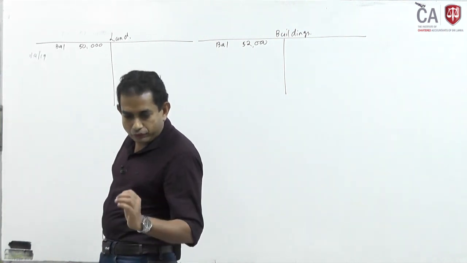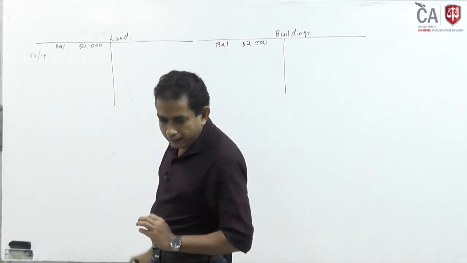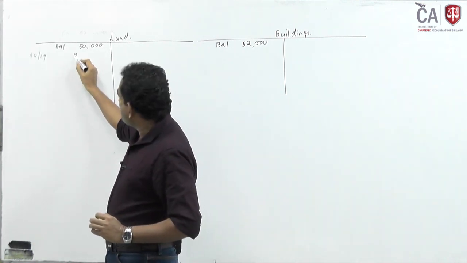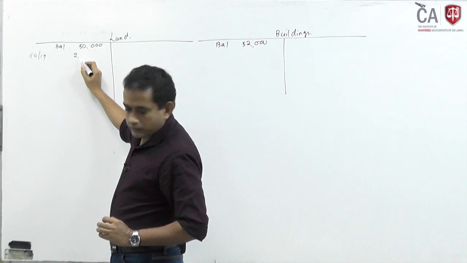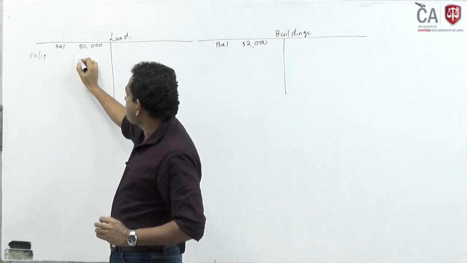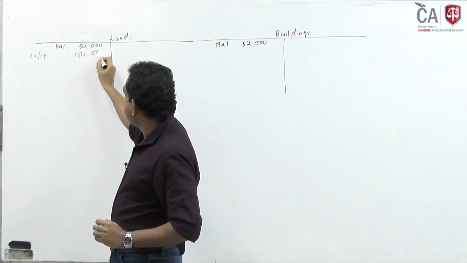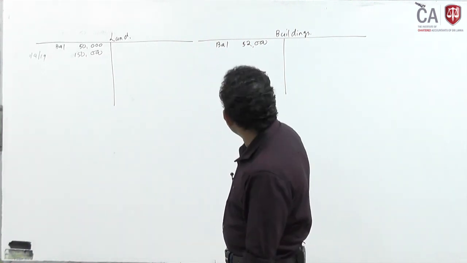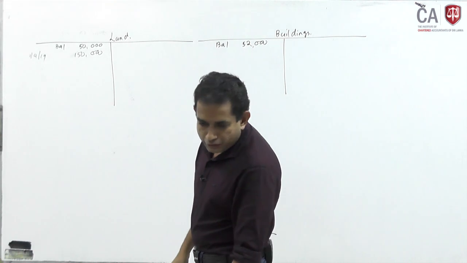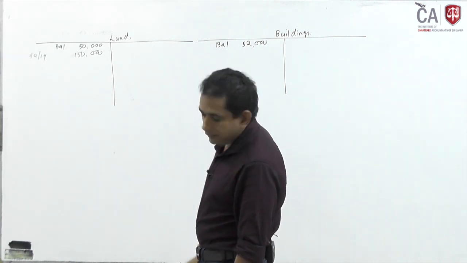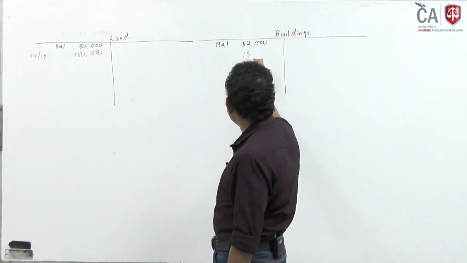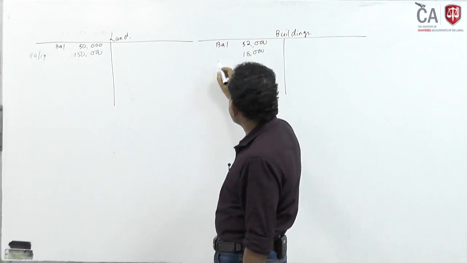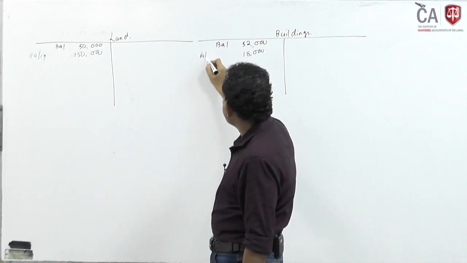We first revalue the property on 1st April 19, 150 million rupees to the land, and the building has to be revalued from 52 million rupees to 70 million rupees. So, we recognize another 18 million revaluation gain on 1st April 19.